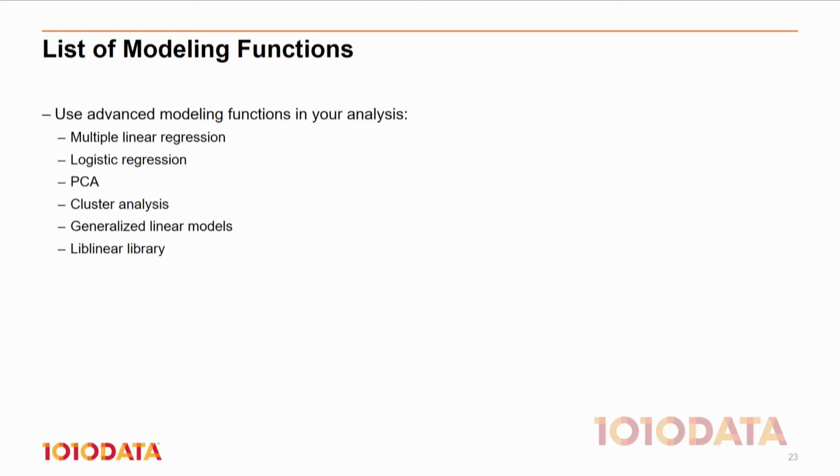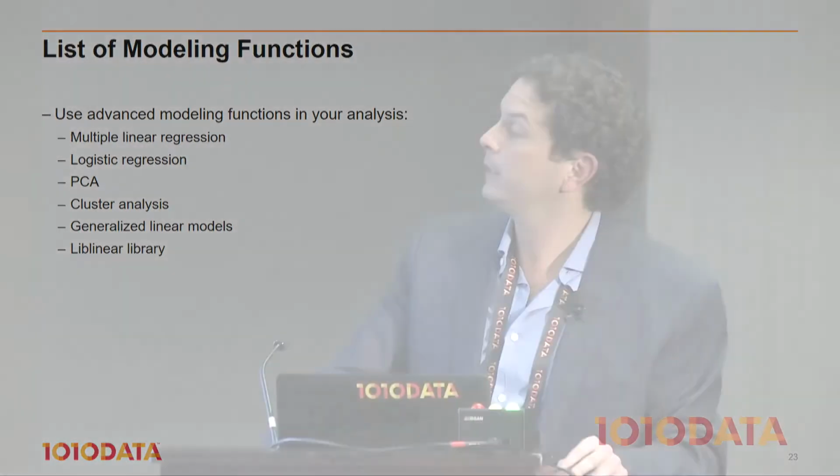We recently added the generalized linear models function, and we also host the LIBLINEAR library, which basically works for cluster analysis and logistic regression. So all of this is available to you in 1010. You don't need to go to a statistical package like SAS or anything to do this kind of analysis. You can just do it in 1010, right?